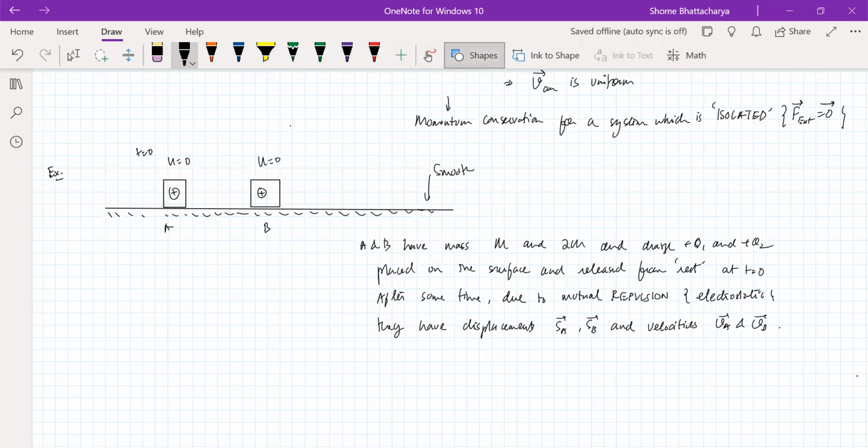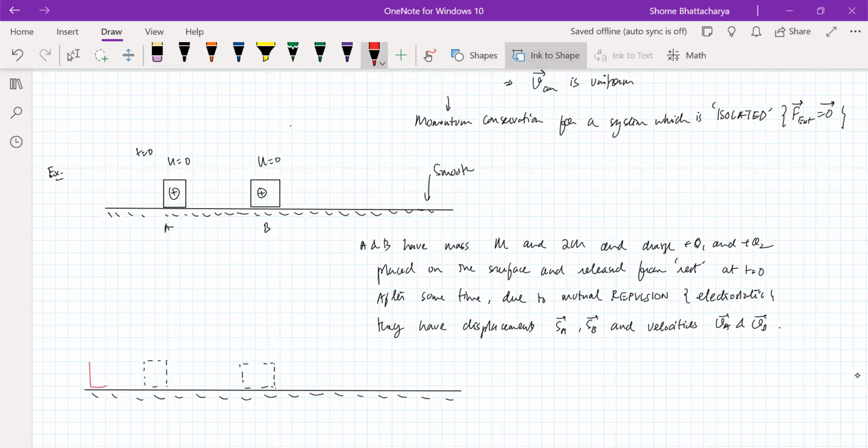So we observe the same diagram after some time. Let's say this is where they were initially, but by now they have made some displacements like this.